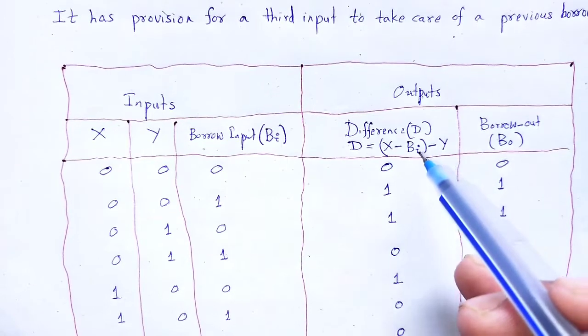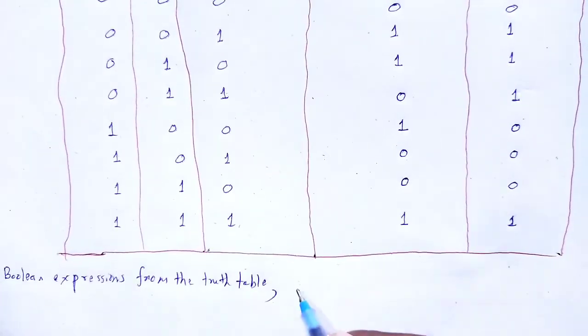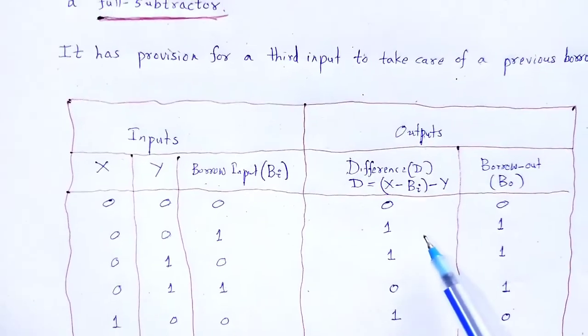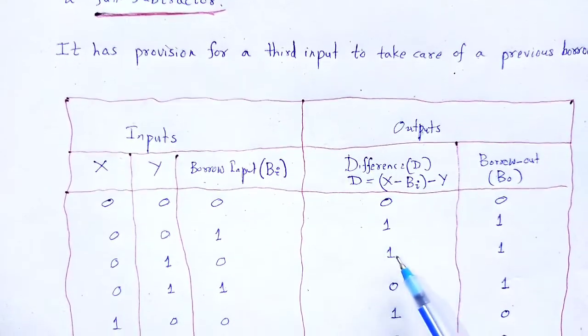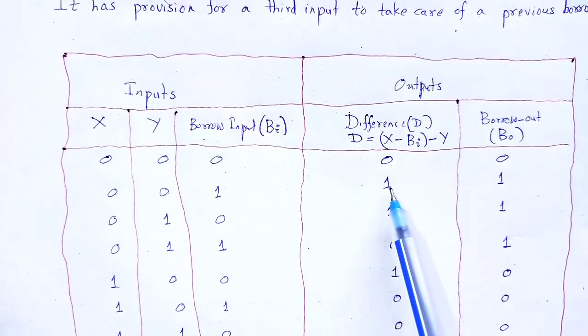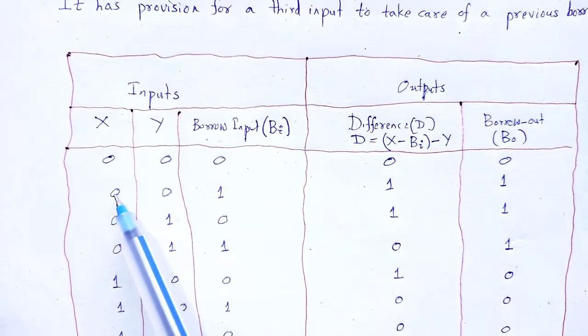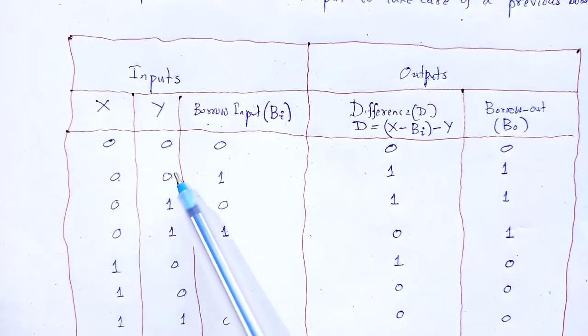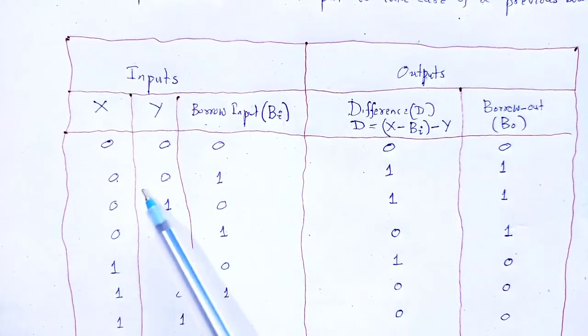First, difference D. So D is equal to, where the outputs are high, 1, 2, 3, 4. So there will be 0, 0, 1. For 0 we use primed, for 1 we use unprimed.